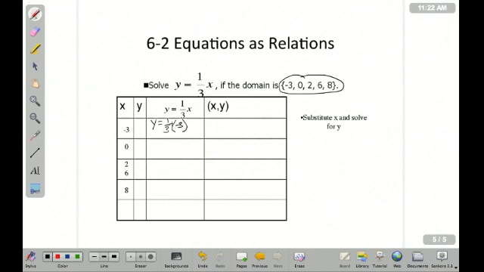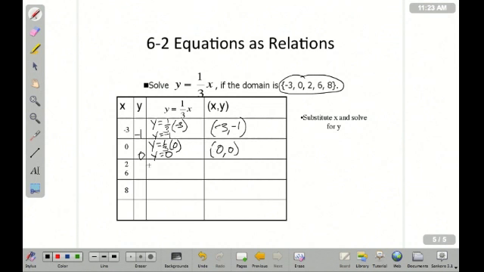And negative 3 times a third is a negative 1. So my point is negative 3, negative 1. And then I'm going to do that again. y equals 1/3, this time of 0. And 0 times 1 is 0. 0 divided by 3 is 0. So y equals 0. My second point is 0, 0.